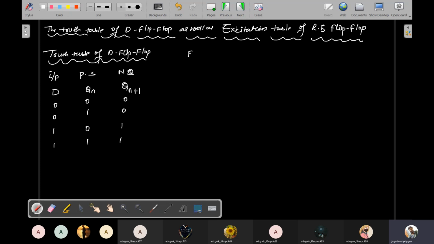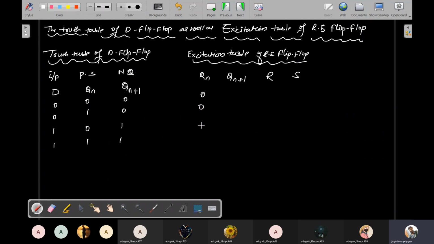Similarly, what is the excitation table of RS flip flop? Okay, I want to write the excitation table for RS flip flop. So simply write Qn, the present state, and the next state Qn plus 1, and simply take R and S values. You already wrote it, only two combinations, because the input of D has only two combinations. So either 0 0 or 1 1 combination, no problem.